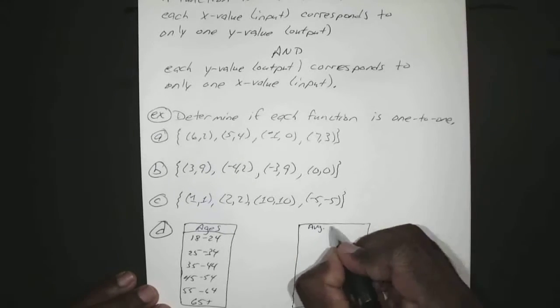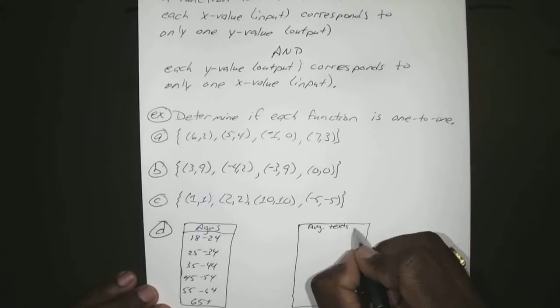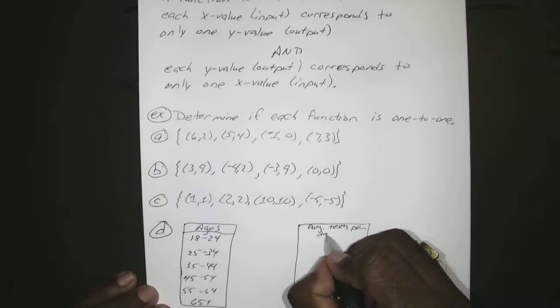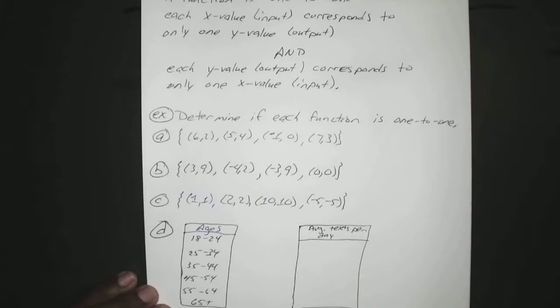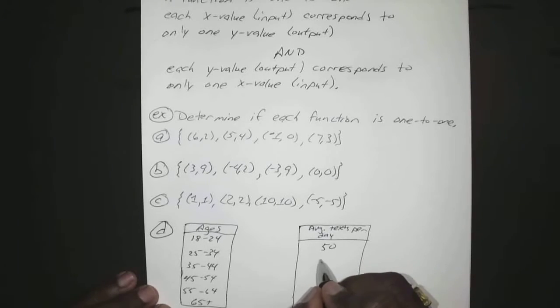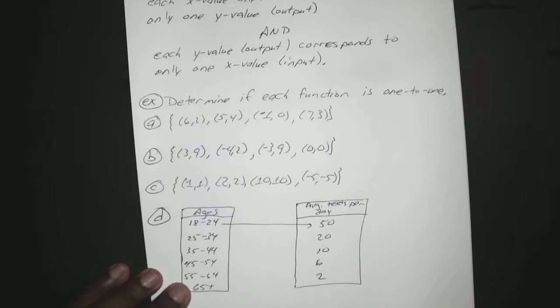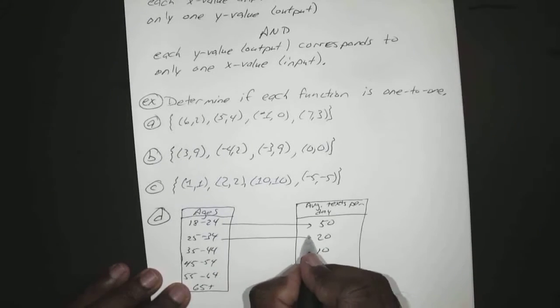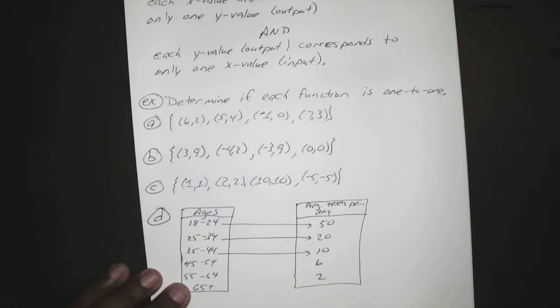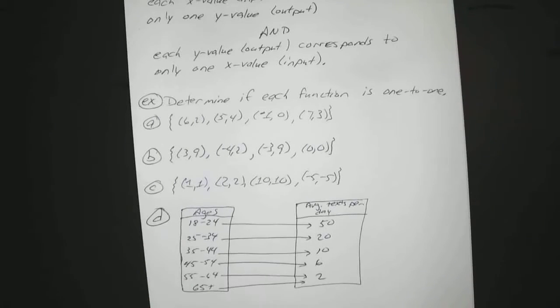And this is our average texts per day. Okay, so if we have 50, 20, 10, 6, and 2. Okay, so we know that goes to here, that goes here, that goes there. There.